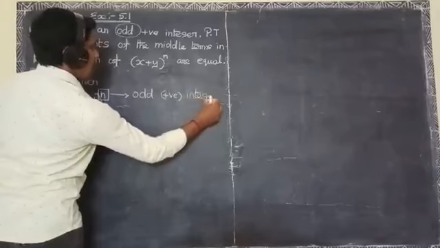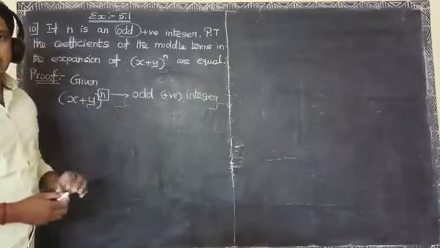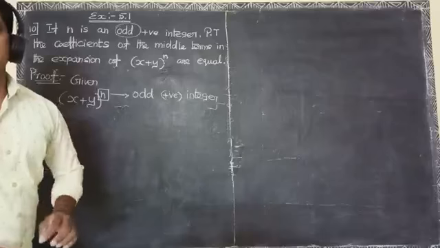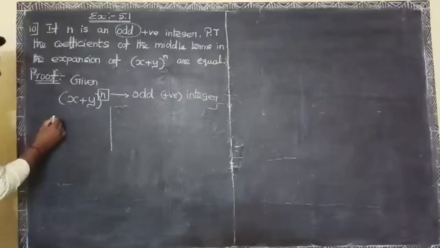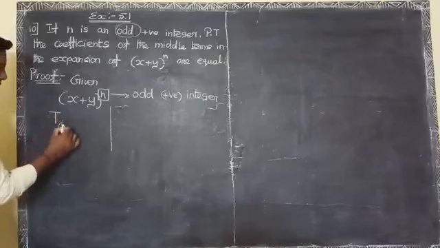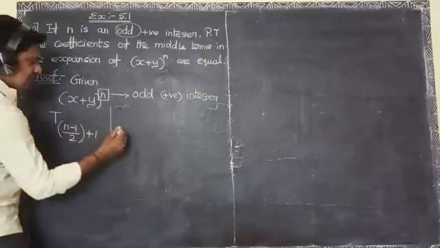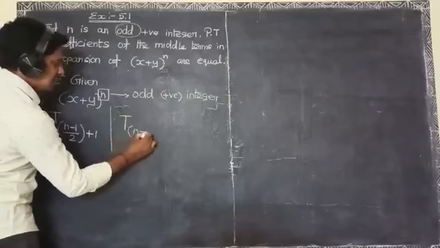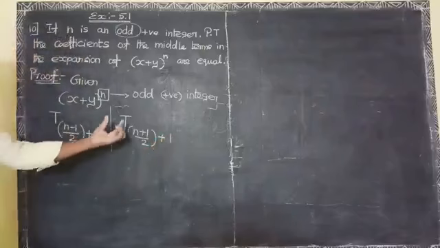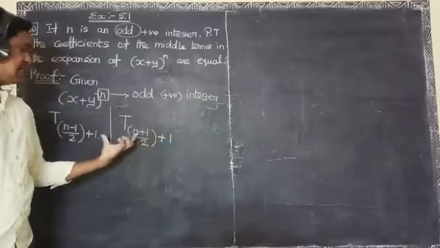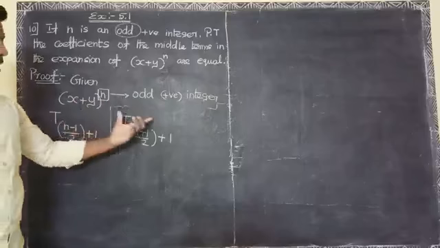Odd positive integer means the expansion contains two middle terms, that is T of (n-1)/2 + 1, and the other one is T of (n+1)/2 + 1. This is one middle term, and this is the other middle term.